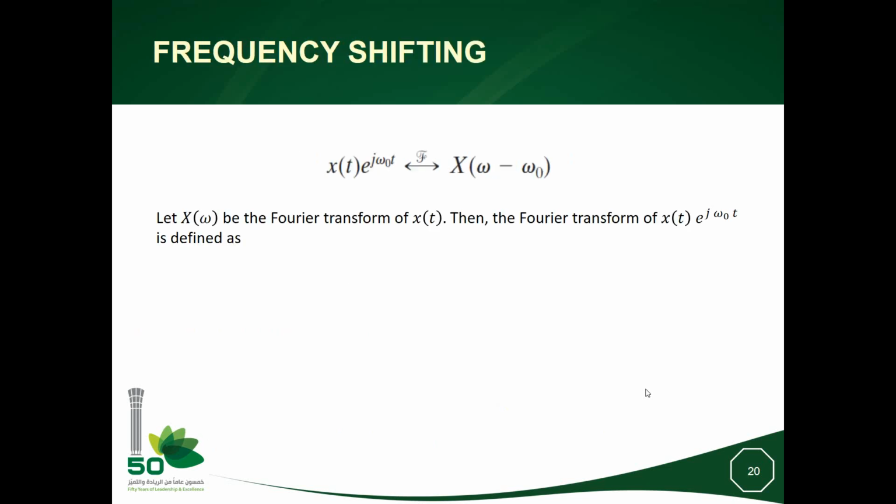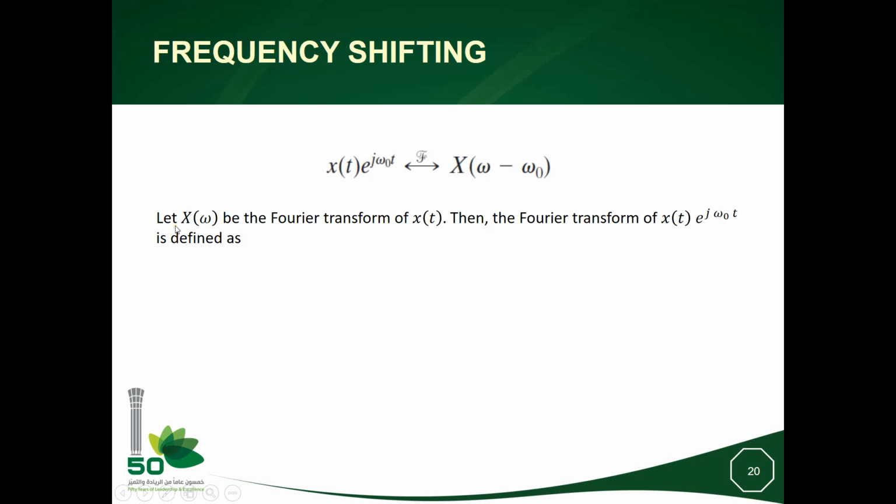Shifting in the time domain results in multiplication by an exponential function in the frequency domain. How about now if I multiply the function x(t) in the time domain by an exponential function that depends on time? So this is x(t), and I would like to express the Fourier transform of this whole function in terms of X of omega, which is the Fourier transform of x(t).